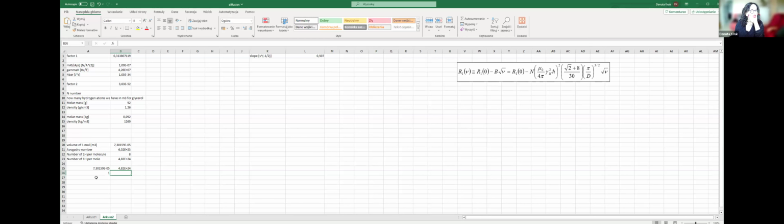The calculation is actually very simple. Per cubic meter, yeah? This is equal to what? That divided by that.